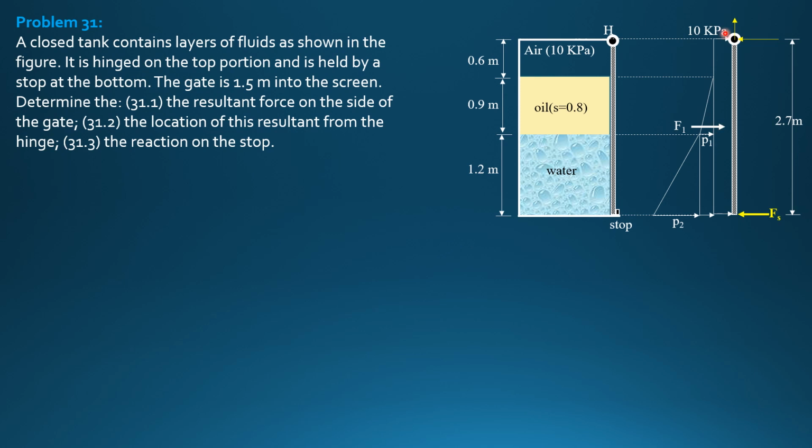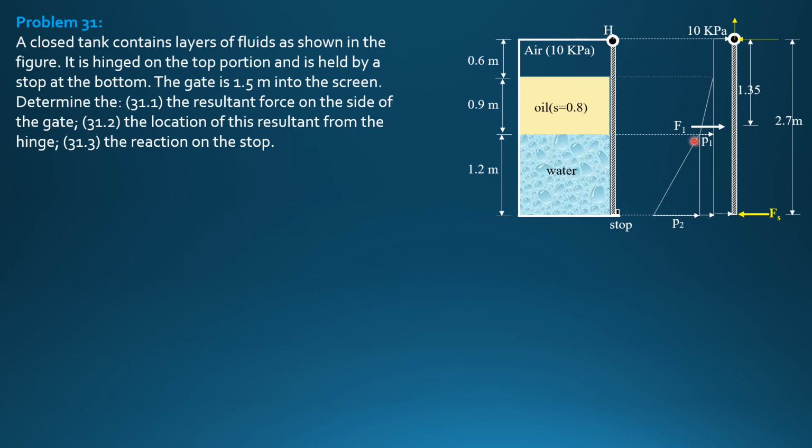So for this rectangular pressure diagram, we will call that F1. The total height of the tank is 0.6 plus 0.9, 1.5, plus 1.2, 2.7. Because this is rectangular, half of 2.7 is 1.35 meters from the top. Its moment arm.